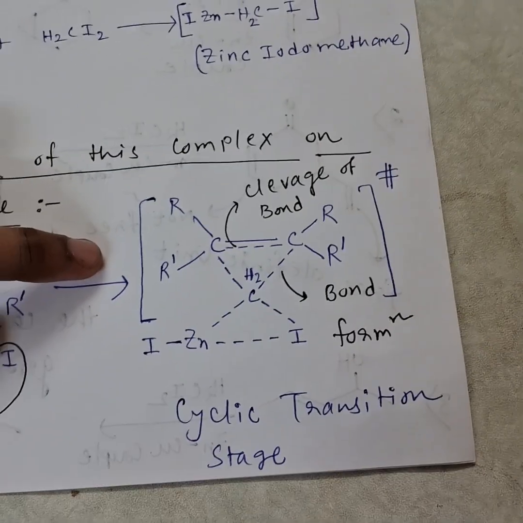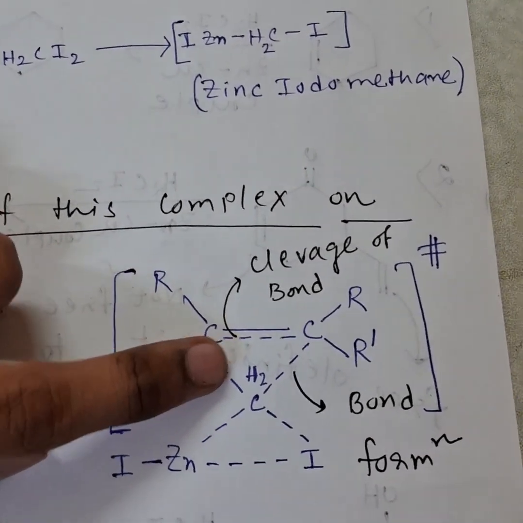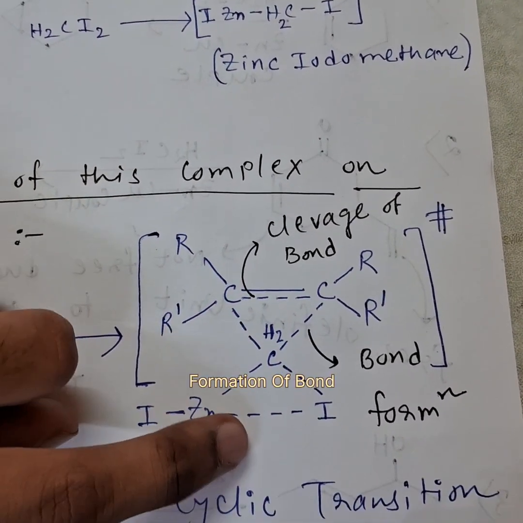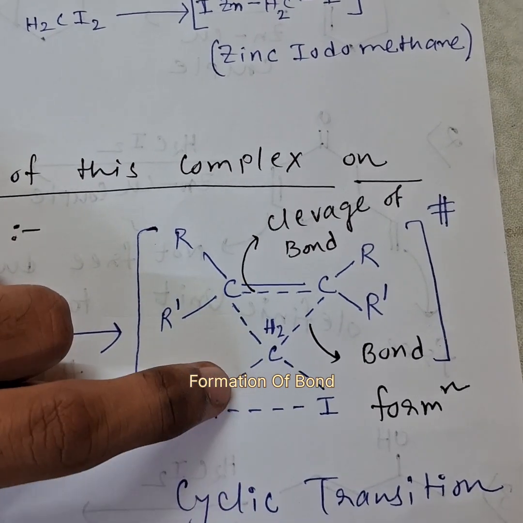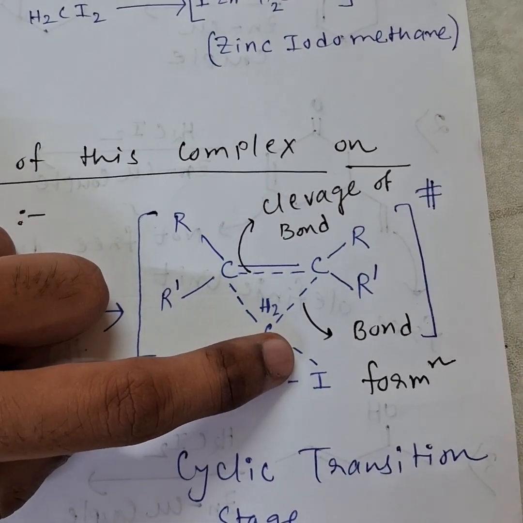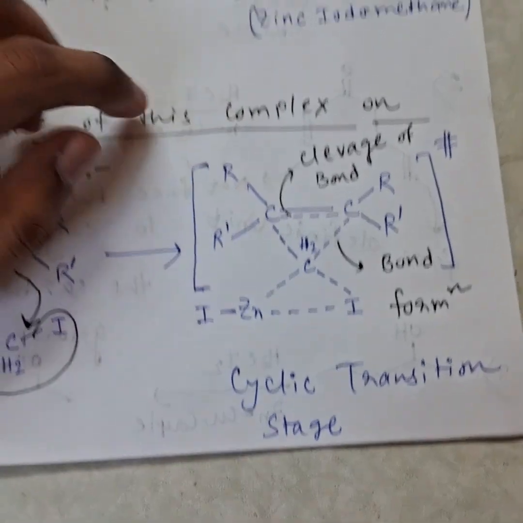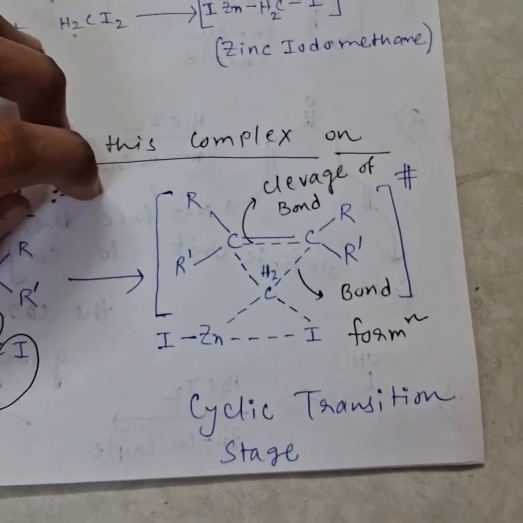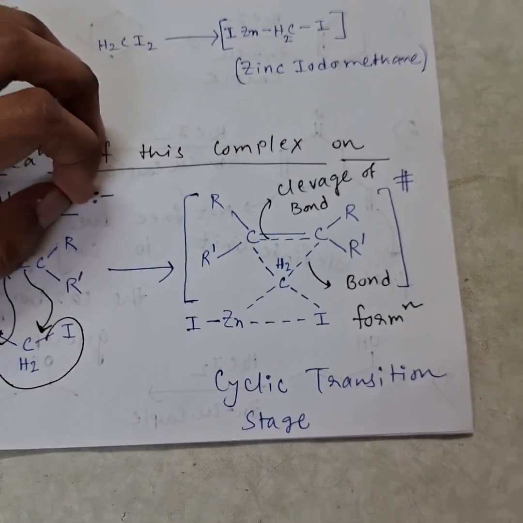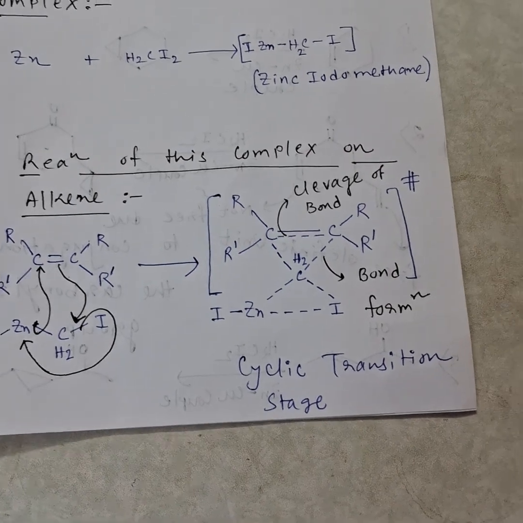Here I have shown the transition state. This is cleavage of a bond, this is formation of a bond. This is also formation of a bond, this is cleavage of a bond, this is cleavage of a bond. So in this way a cyclic transition state formation takes place during this reaction.